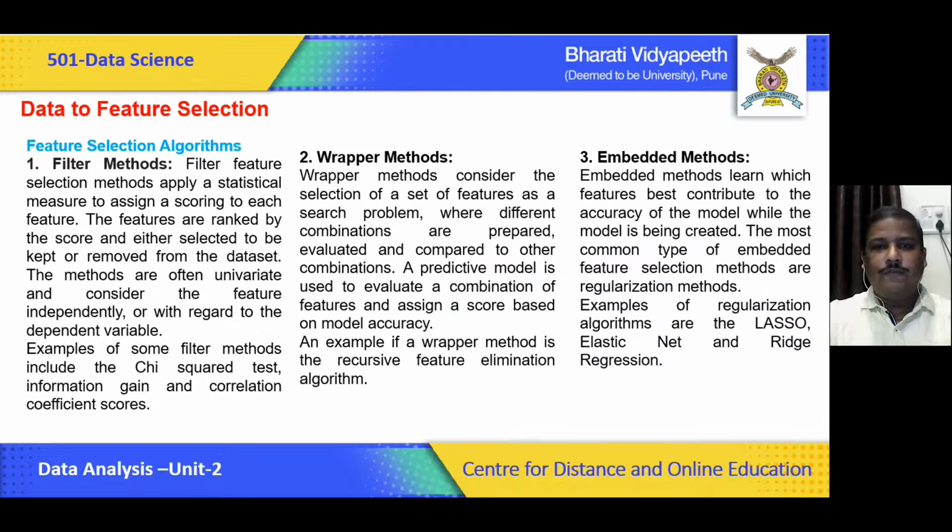So next we'll have feature selection algorithms. As of now, we have discussed how to transform and convert your collected data into feature based, or we can make it variable based or attribute based, based on different types of models, right?